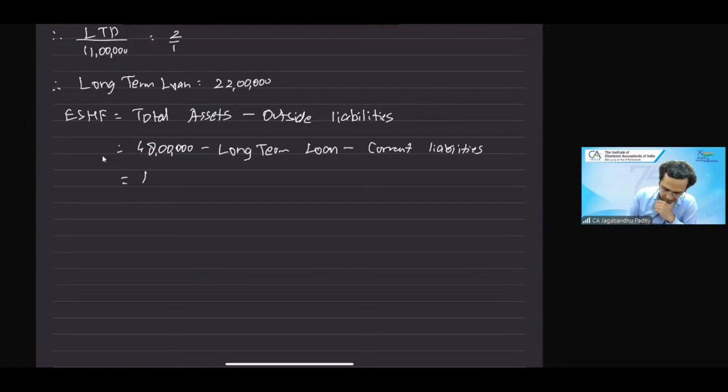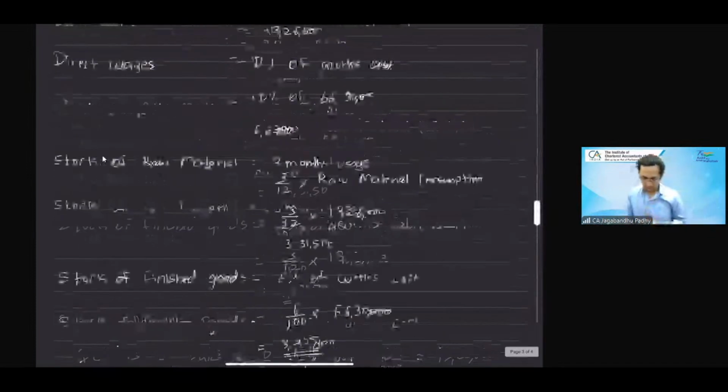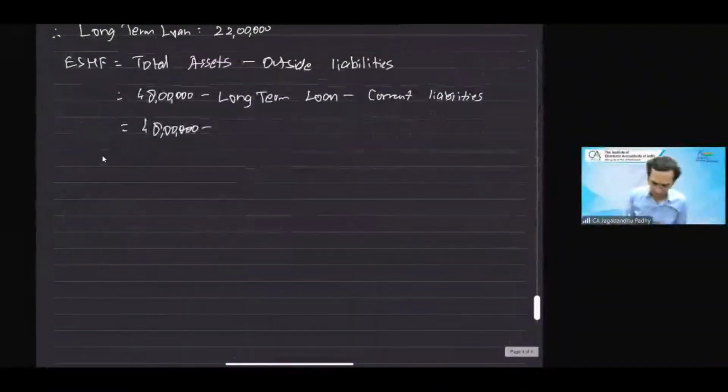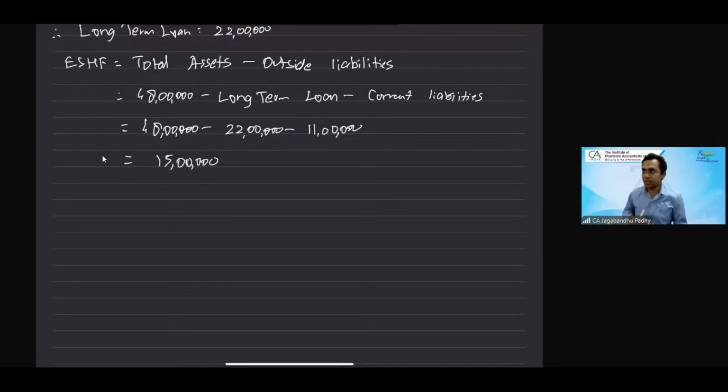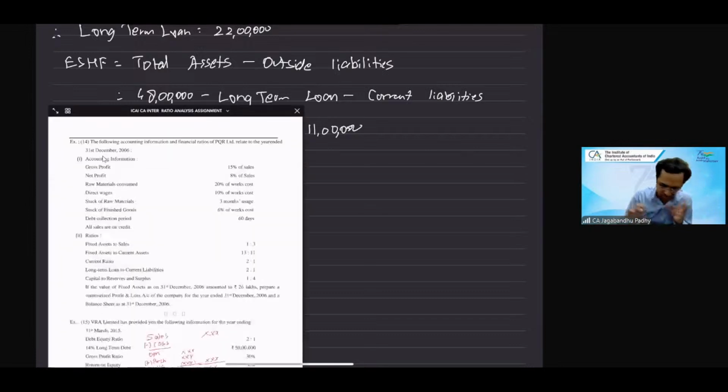So we have 48 lakh minus the long-term loan of 22 lakh and current liability of 11 lakh. So 48 lakh minus 22 lakh minus 11 lakh. What is this number? 15 lakh. Now we have equity shareholders' funds as 15 lakh, the cumulative effect of capital and reserves and surplus.